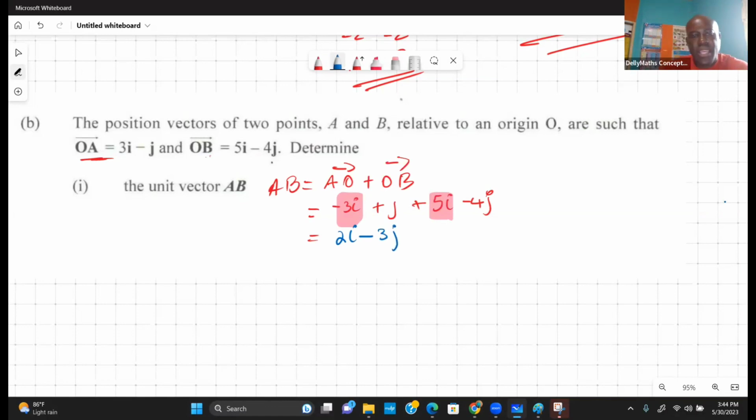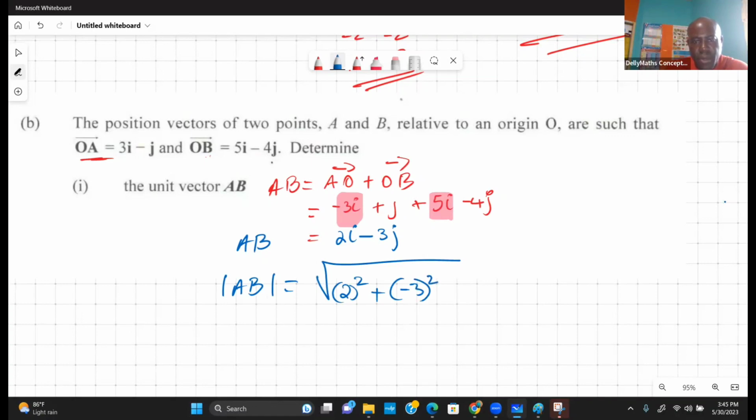So there it is, we have the vector AB. What we need to do now is to find the modulus, which is to find the length of the vector. It's going to be as follows. It's going to be 2 squared plus negative 3 squared. We're looking at 4 plus 9. And this is going to give us the root of 13 units.